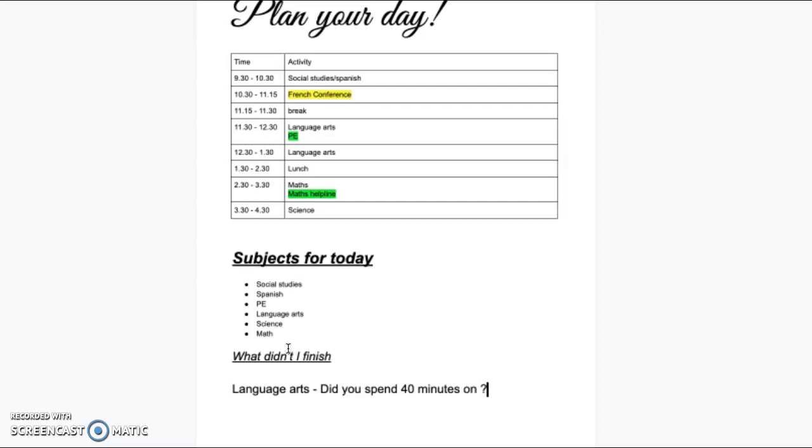Now, if the answer to that question is yes, then you need to let your teacher know. Send an email and explain, it's taken me too long to do this piece of work. I might need some help, or I might need an extension. Your teacher needs to know if the work that they're setting is too long.